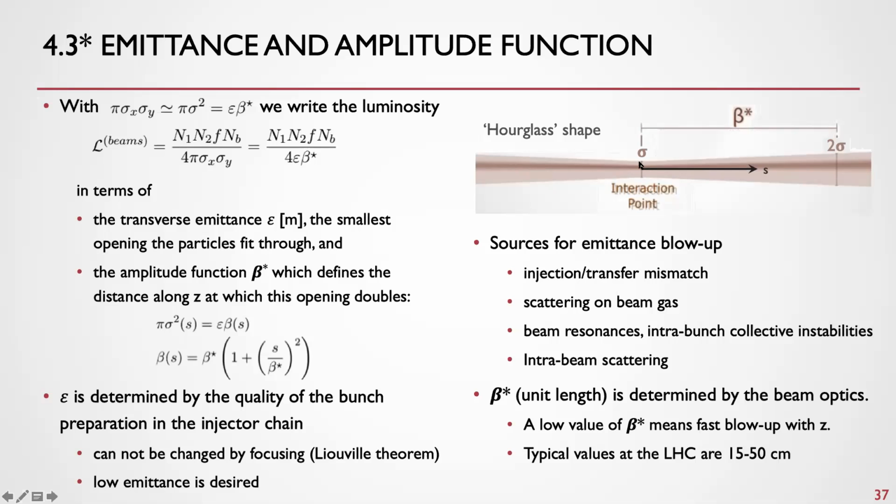You can see this here in this sketch. We can focus the beam a little bit stronger, make beta star small, but once we do that, the beam blows up further and more quickly after the interaction has happened. That means Liouville's theorem is a limit to how well we can optimize the instantaneous luminosity.